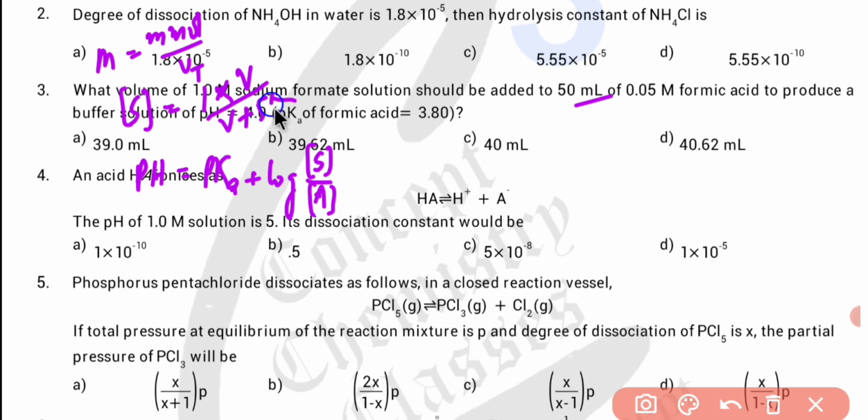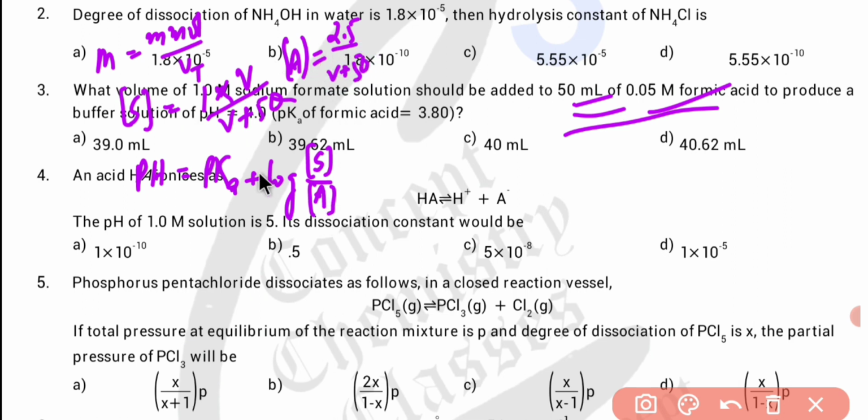This is the concentration of the salt. Likewise, the concentration of acid is volume in ml into molarity, that is 50 into 0.05, which comes out to be 2.5 millimoles, divided by V plus 50.